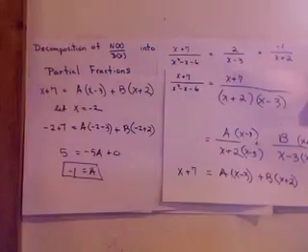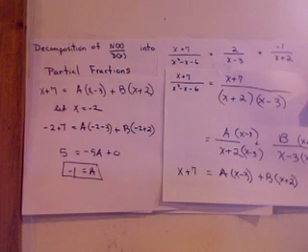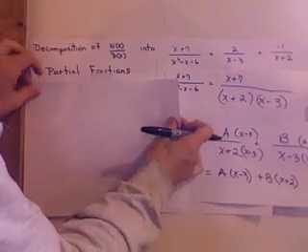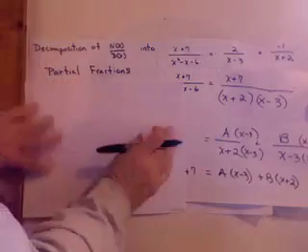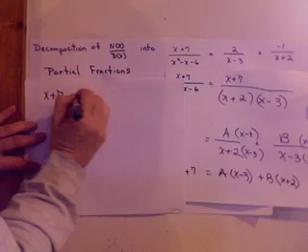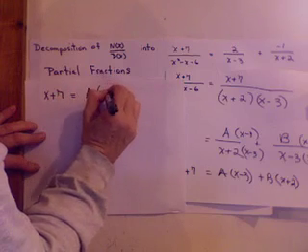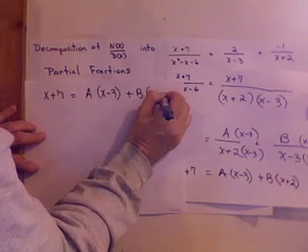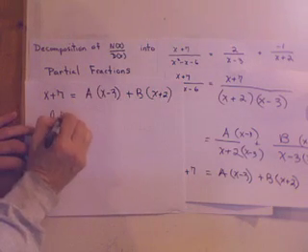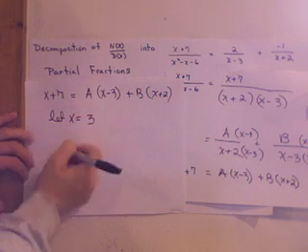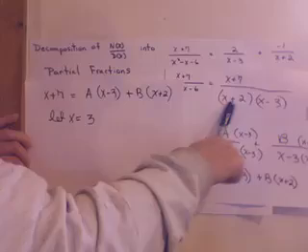And that is the top for this one because I let x equal negative 2. Now I'm going to do the same thing again with the other fraction. Watch this. Again, I have x plus 7 equals A times x minus 3 plus B times x plus 2. This time I'm going to let x equal 3, remember, these are the two values I'm looking for.